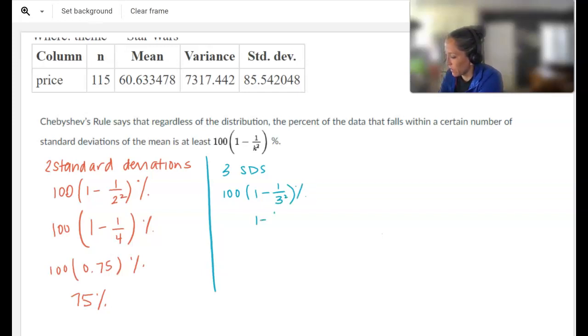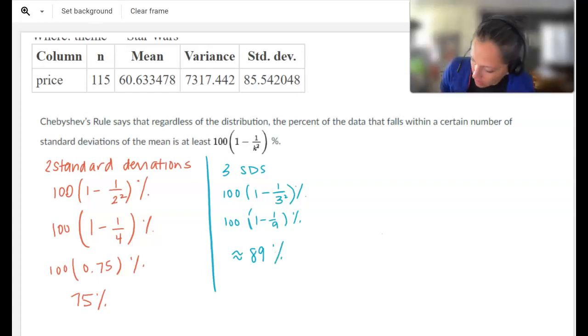So this is 1 minus 1 over 9. All right, that's 8 over 9, which is, bust out a calculator, 0.8 repeating. So this is basically 89%. So within 3 standard deviations, we're guaranteed at least 89%. Within 2 standard deviations, 75%.